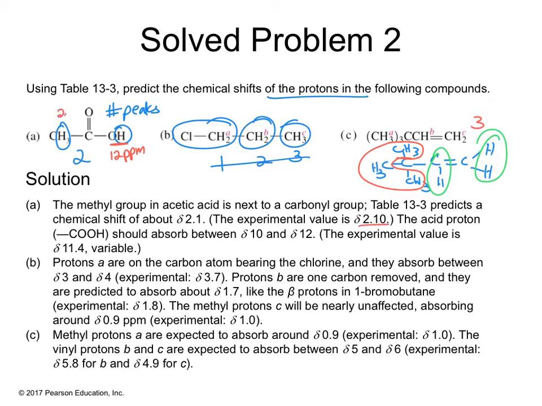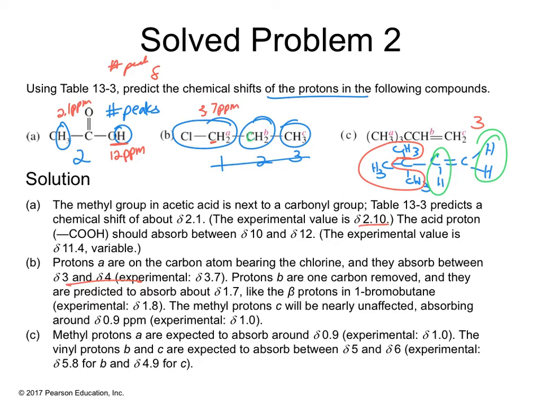Experimental value is 2.1 ppm. So you should be able to pick the shifts and the number of peaks. This carbon next to the chlorine, between 3 and 4, it's showing up at 3.7 ppm.